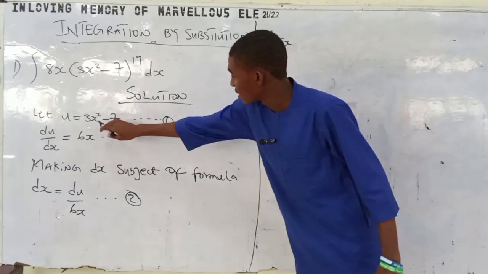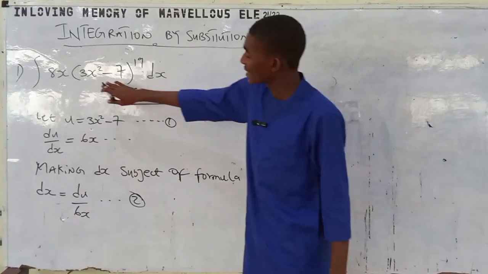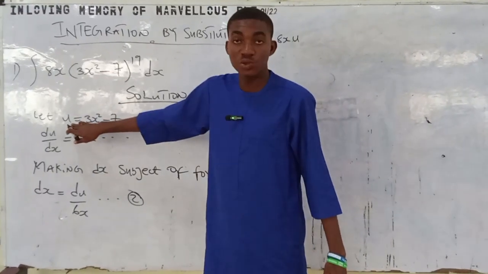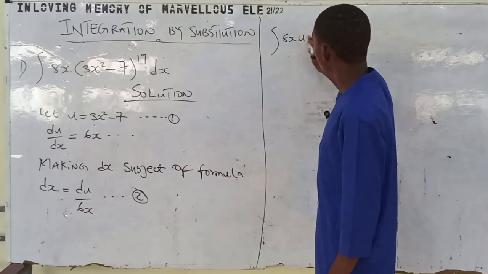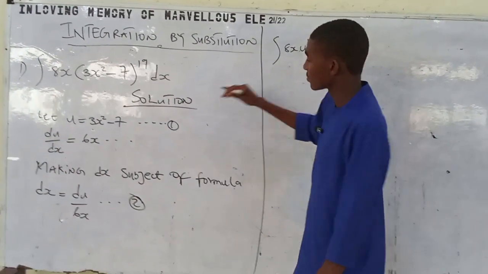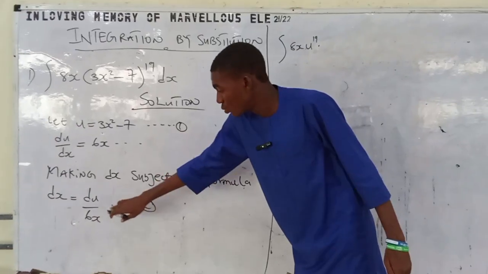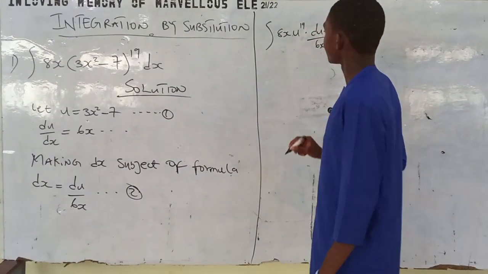So we have 8x, and this is now u, because we said 3x squared minus 7, we took it as u. So we have 8x times u raised to the power 19, times dx, which is du over 6x.